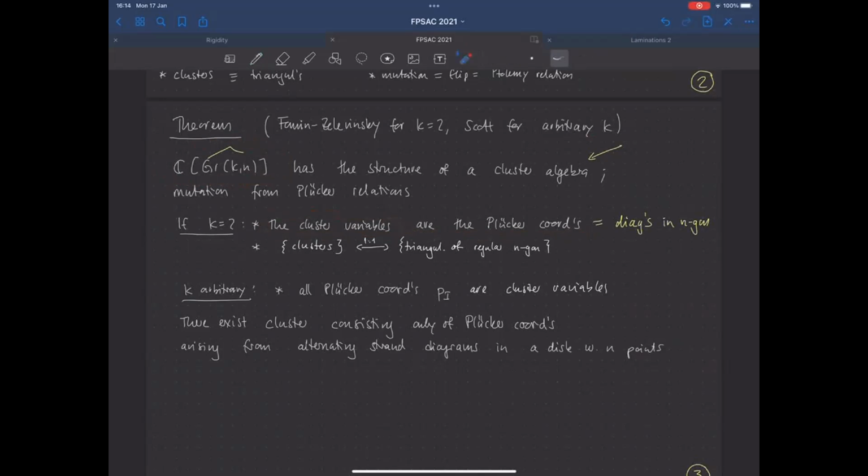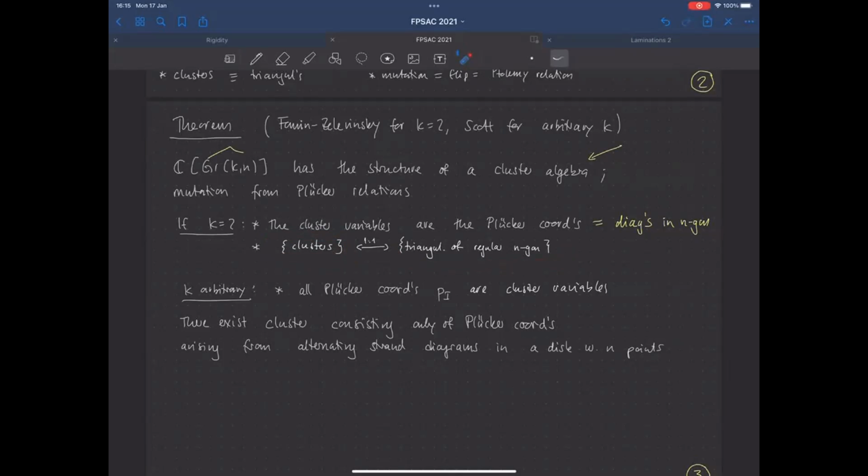And then the overlapping sets of generators, these clusters, correspond to triangulations of a regular n-gon. So that's an instance where you have a surface, a very simple surface, a disk, and it gives us a cluster algebra structure.